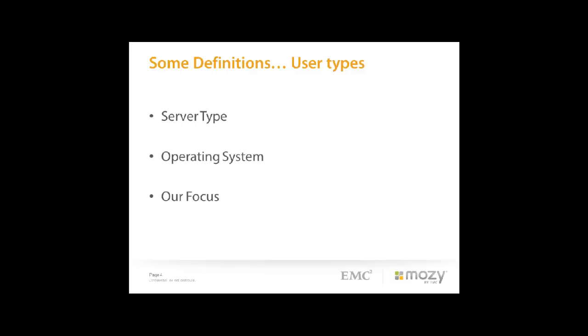So just some definitions before we begin. The user types. Within Mozy we have two user types, as you might well be aware: a desktop user and a server user. They're both designed for different types of operating systems.